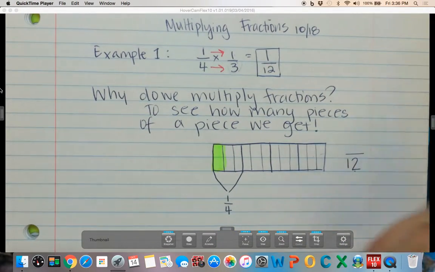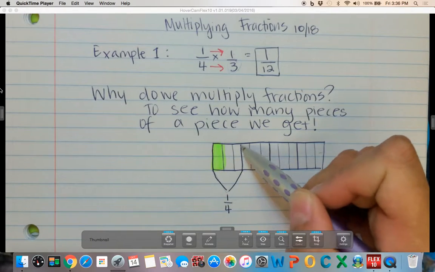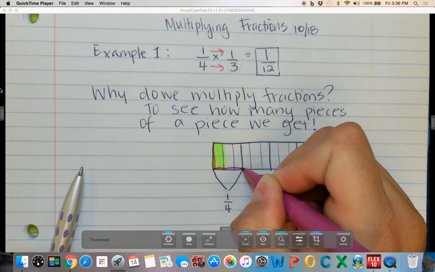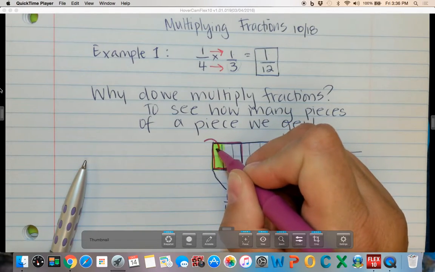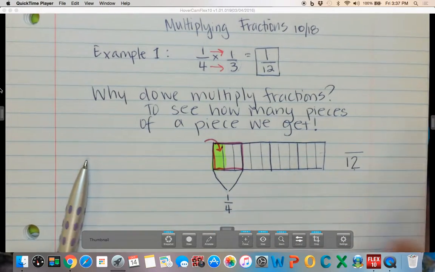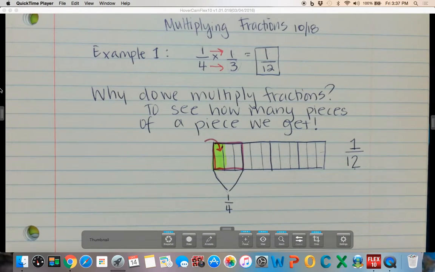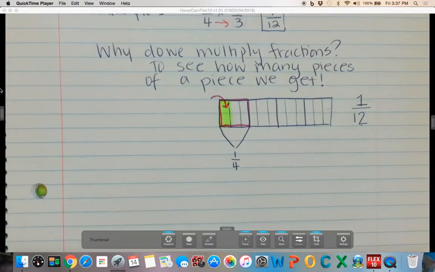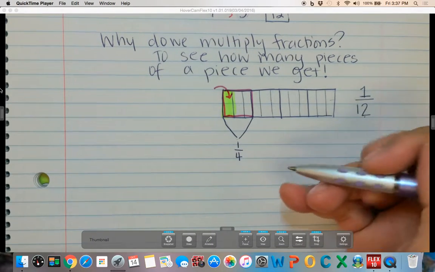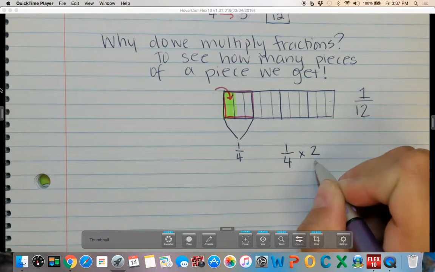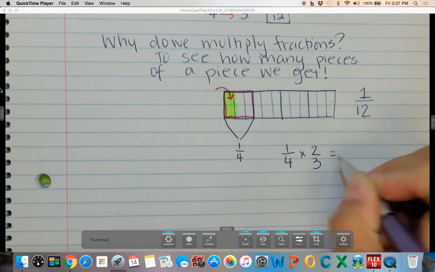Inside just 1/4. So I go back to looking only at that 1/4 piece. And what is that piece worth? It is 1/12. If I were to ask, what is 1/4 times 2/3?